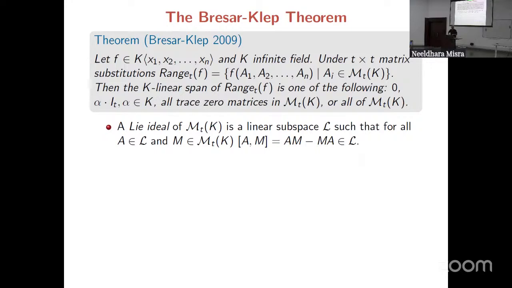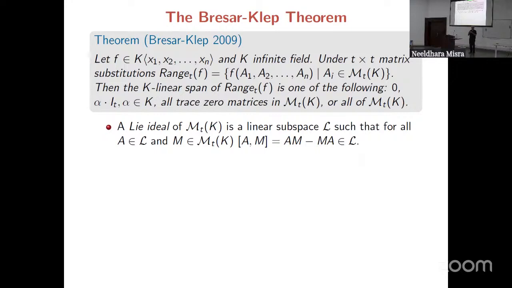and you do t by t matrix substitutions for the variables. So you're going to get matrices as output. The question they asked was, what can we say about the kind of matrices that you get as the range? It turns out that if you take the K-linear span of the range, then it's exactly one of the following.